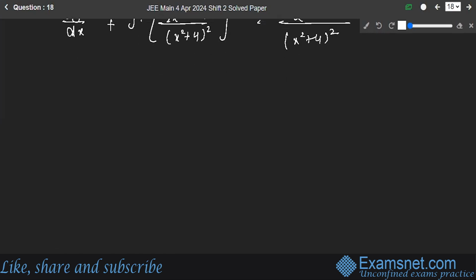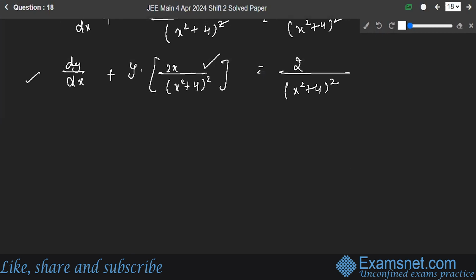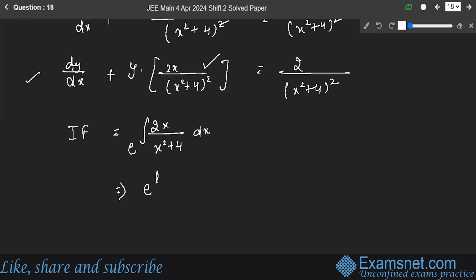So now, what is the integrating factor? This is a general equation. Here you have the integrating factor as e raised to the power of the integral of 2x upon (x² + 4) dx. Let's solve it. You will have e raised to power log of (x² + 4).